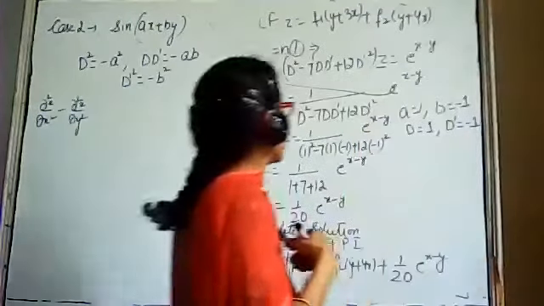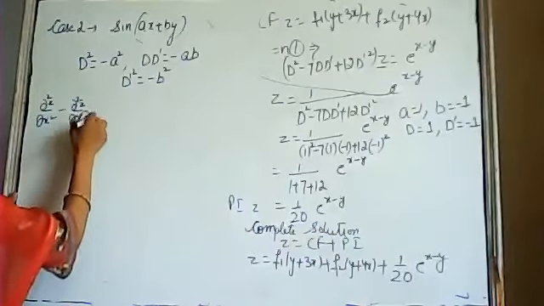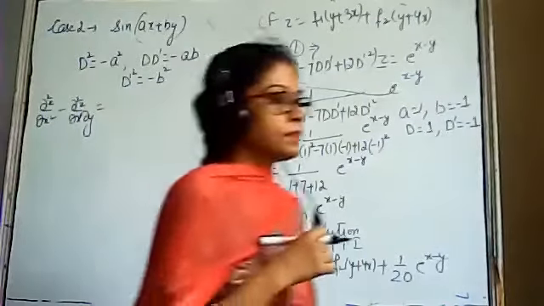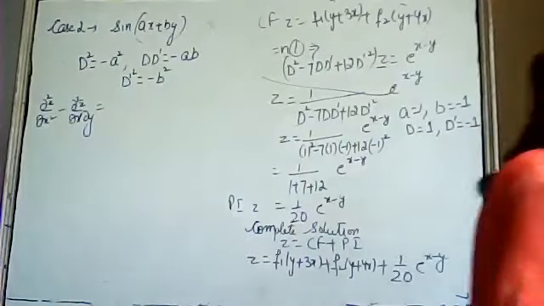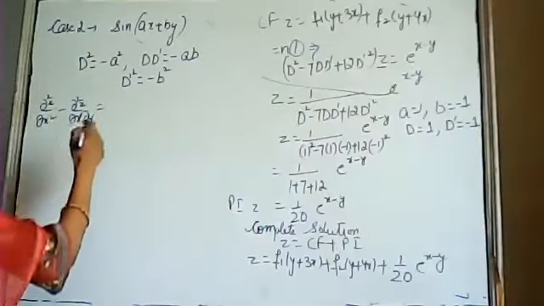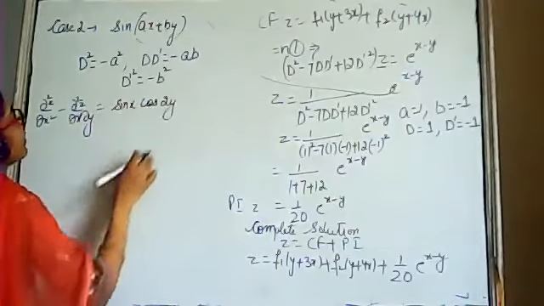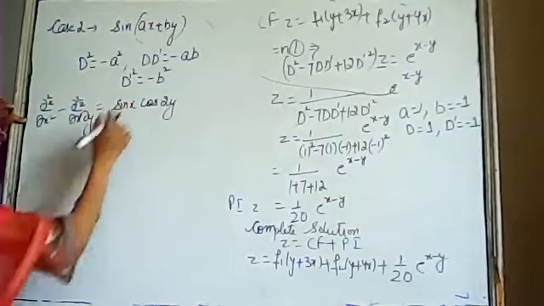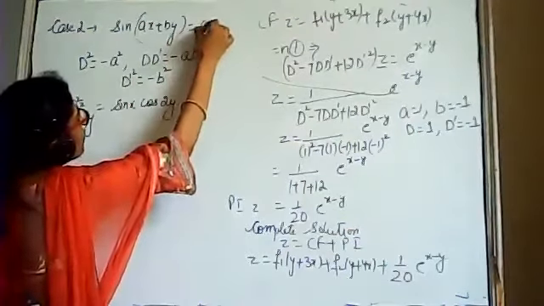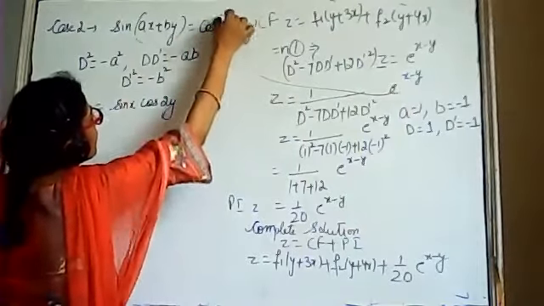No, it's del square z upon del x del y equals to sin x cos 2y. This result will also hold for cos of ax plus by.